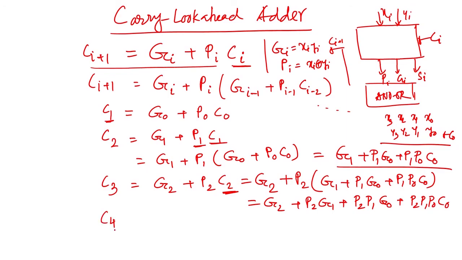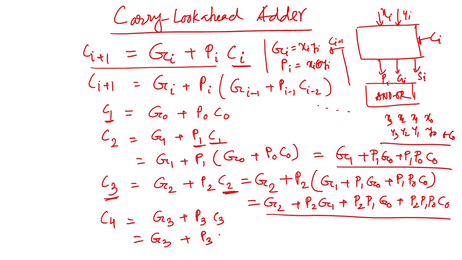Similarly, C out will be G3 plus P3 C3. Now, you replace the entire C3, which is nothing but this entire term. So, it will be G3, plus P3 into G2, P3 into P2 G1, P3 into P2 P1 G0, and P3 into P2 P1 P0 C0.